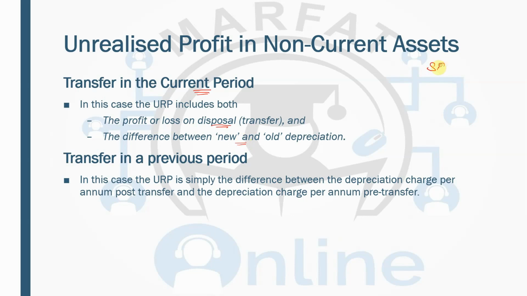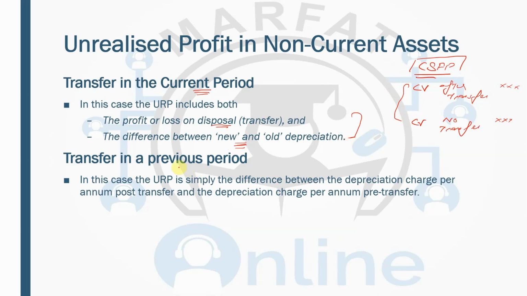Remember, in the consolidated statement of financial position, we were comparing two carrying values: the carrying value after transfer, and the carrying value assuming there is no transfer. The difference between these two was the unrealized profit. But here you're going to compare the new and the old depreciation, and I told you this over there as well. So the profit on disposal and the difference between the old and new depreciation.